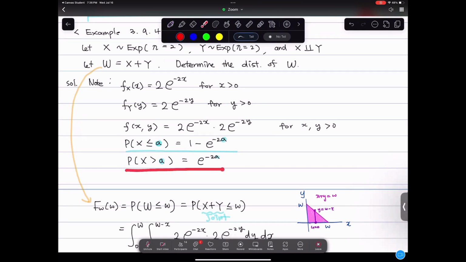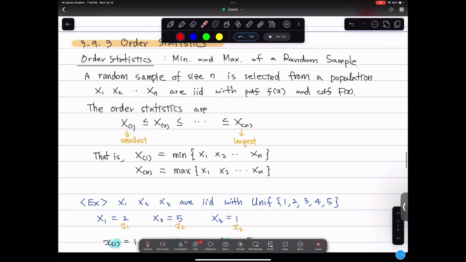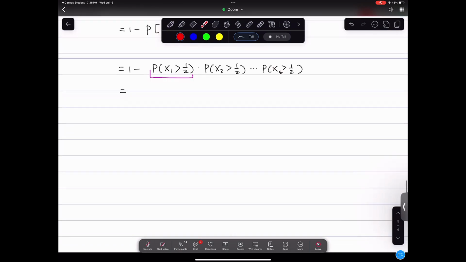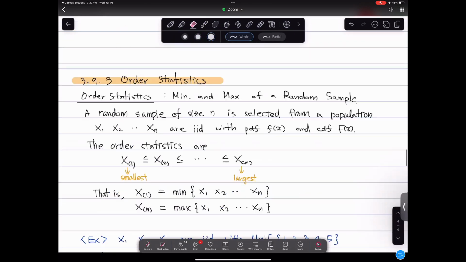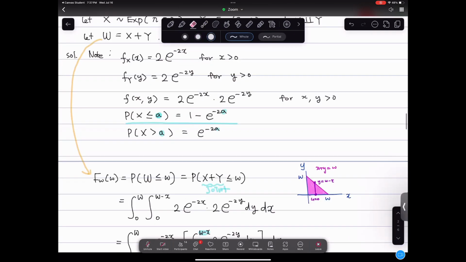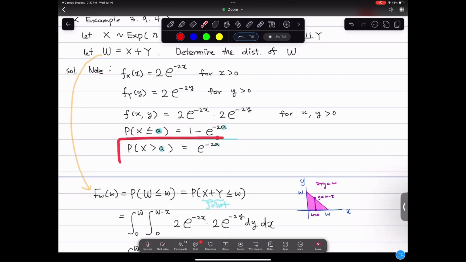This is the expression of 1 minus the CDF. It's less than or equals to, let me get back. I want to use this one, it's greater than.